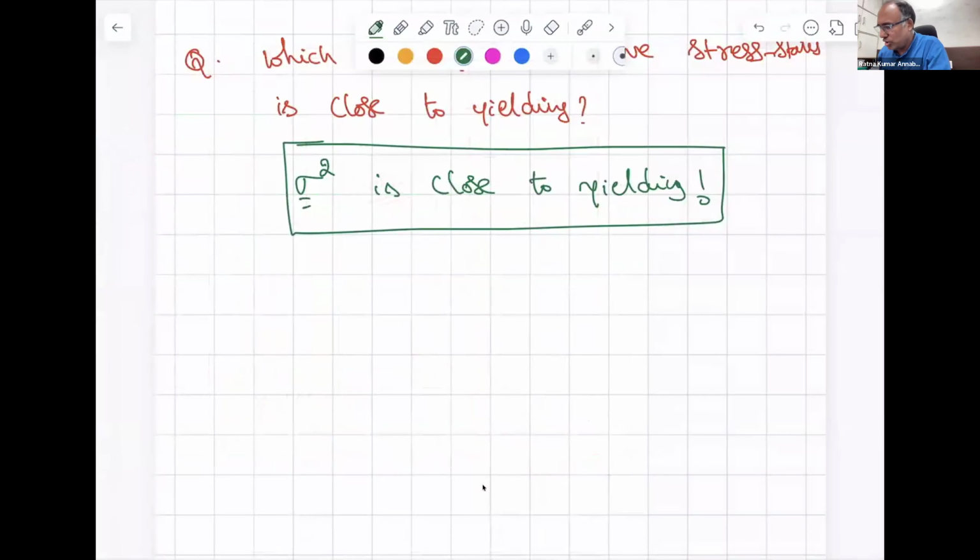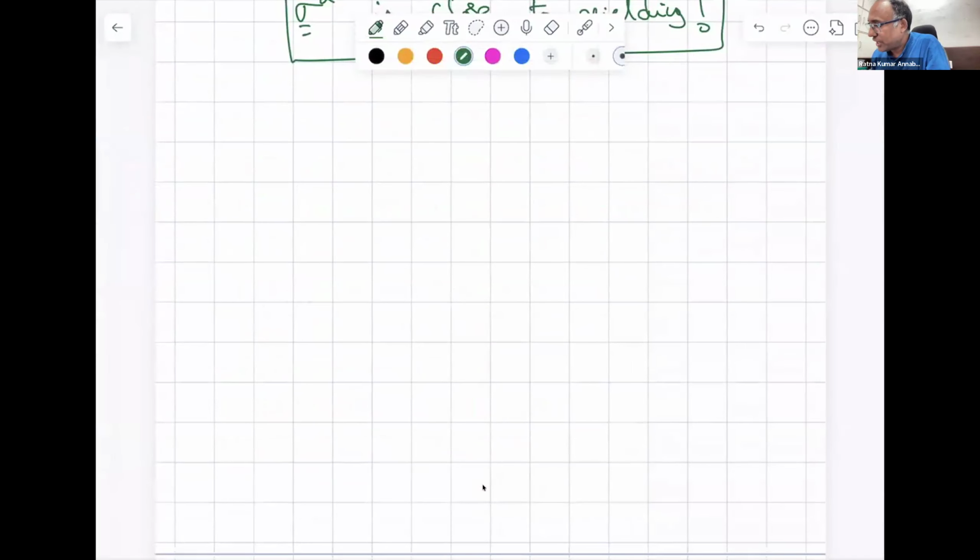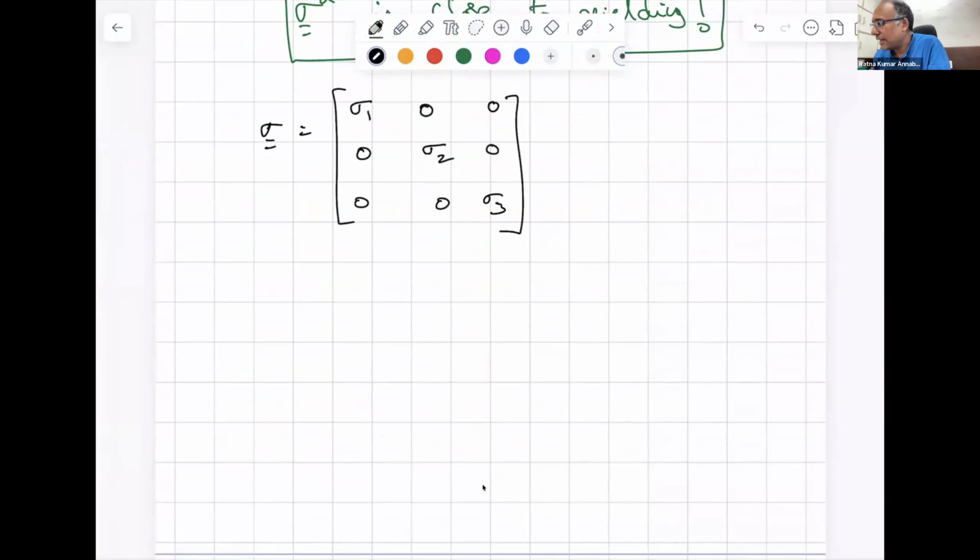Yeah. So the strain, and suppose you have a three-dimensional state of stress, so you have sigma. I can write it in terms of principal stresses, no problem, right? Because we have just now shown the stress state, and corresponding to these stresses you have epsilon 1, epsilon 2, epsilon 3, the strains.